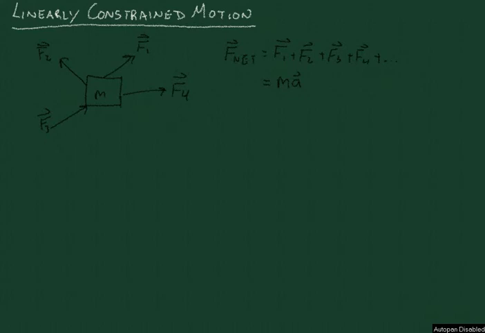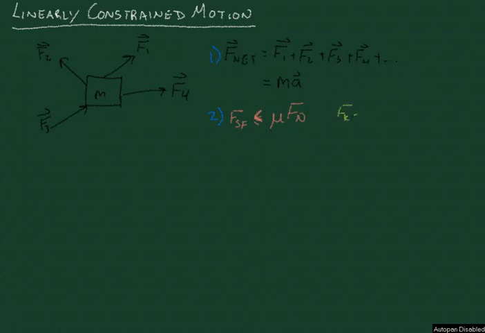So this is really the first concept that you'll need in this unit. The second concept is just that the maximum static frictional force is mu times the normal force. In general, the frictional force is going to be less than or equal to this.